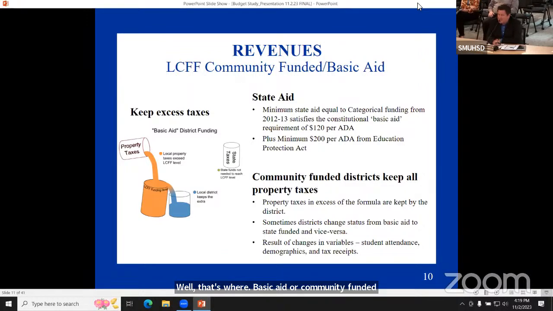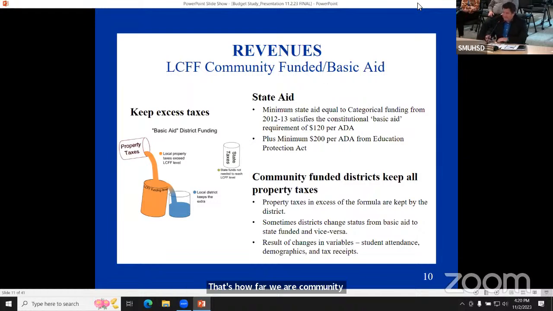If your taxes are in excess of that state guarantee, so in our case, our taxes are above the $115 million state guarantee, the school districts are allowed to keep the additional revenue. So in our case, we receive a little over $70 million above that state guarantee. That's how far we are community funded.